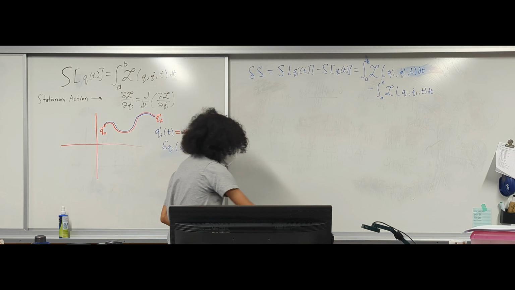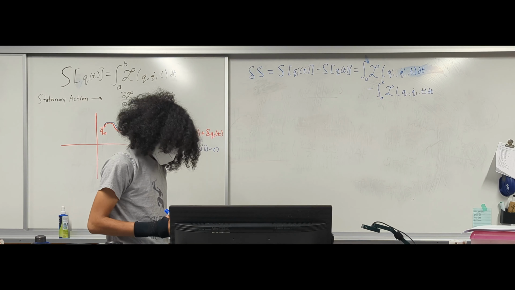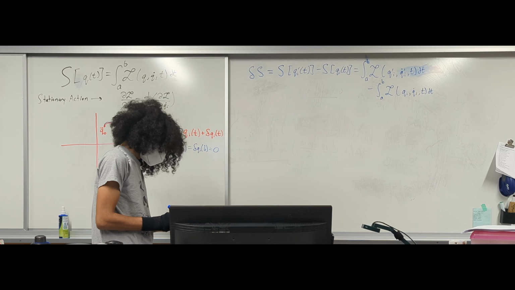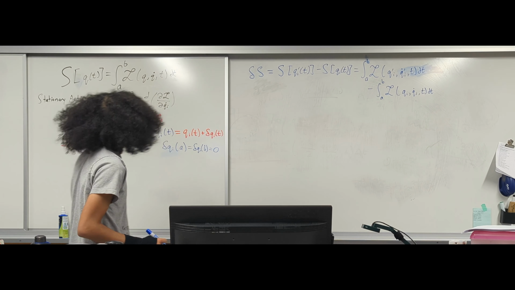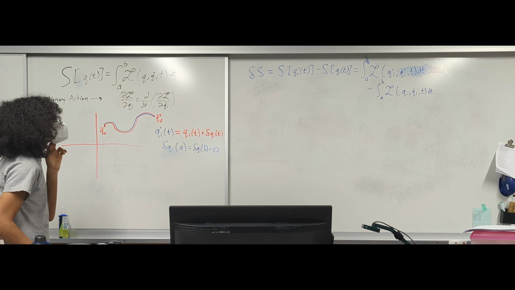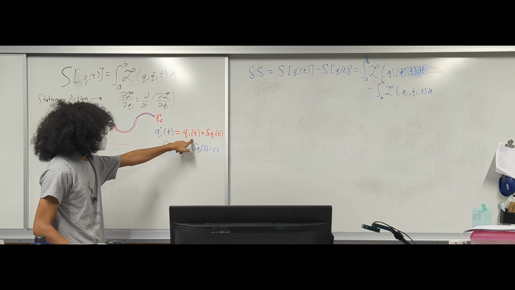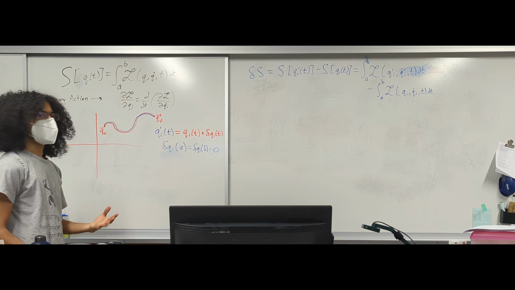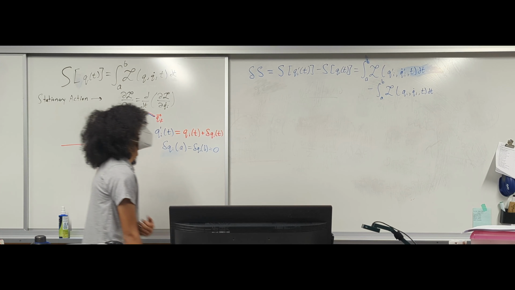Okay. Now, we know that the new trajectory, the varied one, differs from the physical trajectory by only an infinitesimal amount, right?